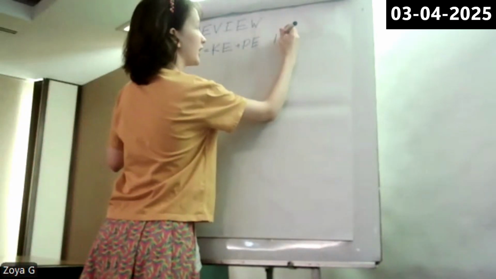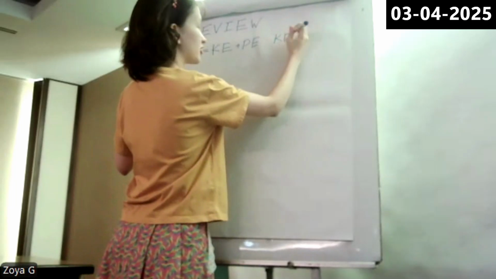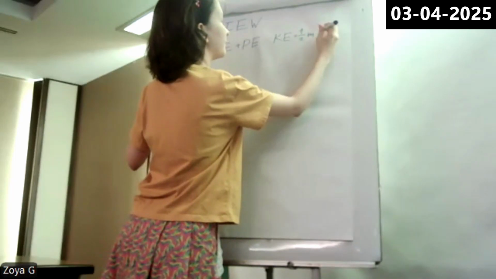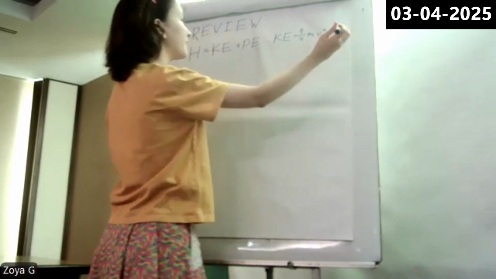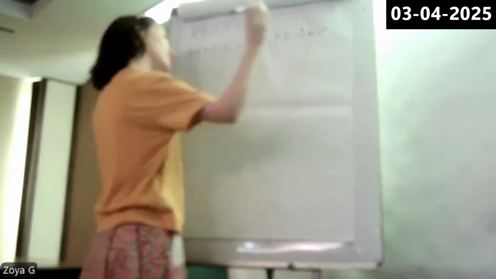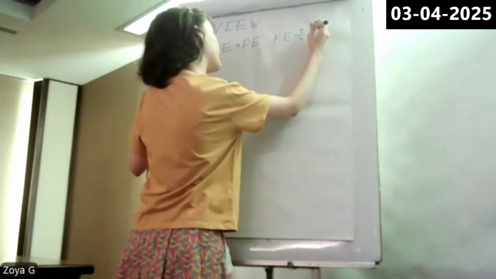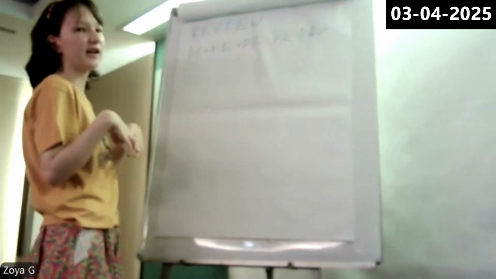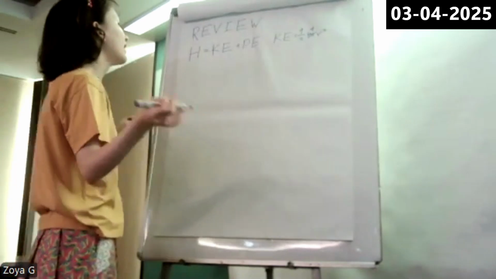We often write kinetic energy as 1/2 mv squared. However, in more advanced physics classes, we tend to set m to 1 because it's just another variable and doesn't affect the dynamics that much.